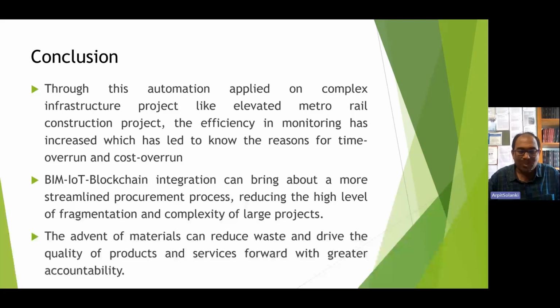BIM IoT blockchain integration can bring about a more streamlined procurement process, reducing the high level of fragmentation and complexity of large projects. The advent of the materials can reduce waste and drive the quality of products and services forward with greater accountability.